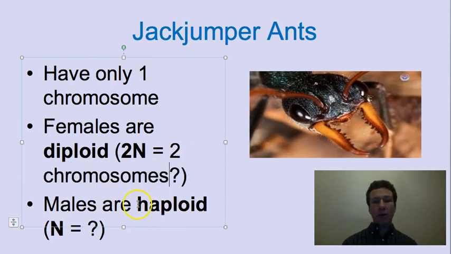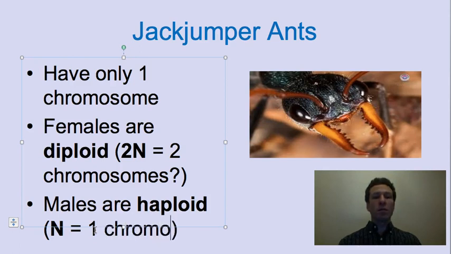Males are haploid. Haploid, the root of this word is half. Diploid, the prefix, di, means two. And so that's how you can remember that diploid is two copies, haploid is half, or one copy. So for a species that has only one chromosome or pair of chromosomes, the haploid number will be one chromosome.